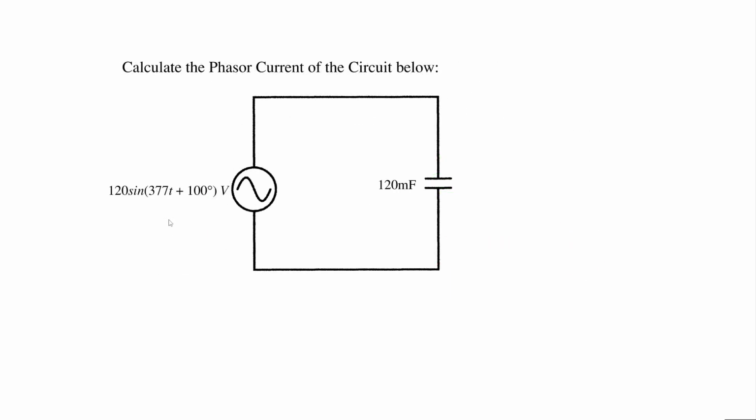For this problem, we are asked to calculate the phasor current of the circuit below. Starting with our time-varying voltage source, we can see that the coefficient in front is our Vmax. We will convert this to Vrms by dividing by square root of 2. That will get us a phasor voltage magnitude of 85.